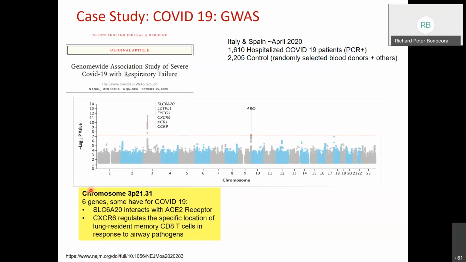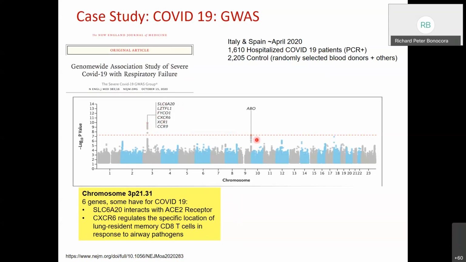So this seemed interesting. Not only did they find this region, but it's also interesting that there were some genes that, based on what we know, could really have an effect on how susceptible a person is to this disease.